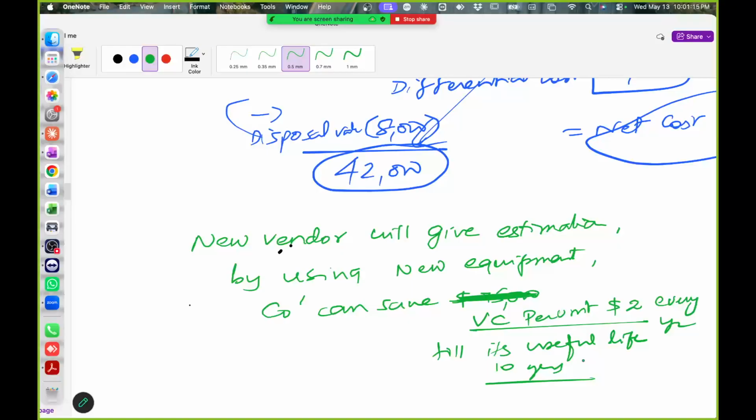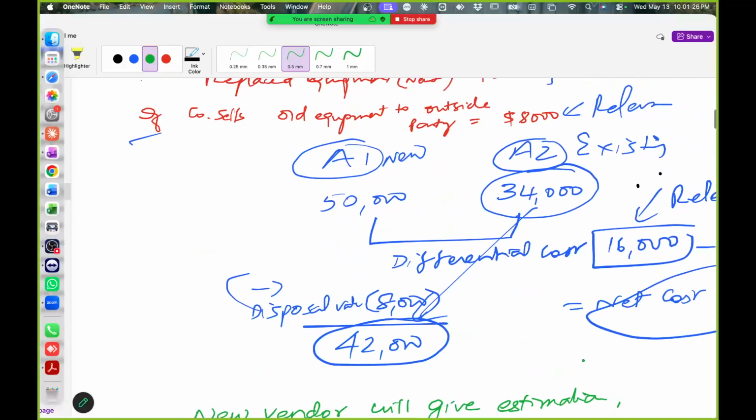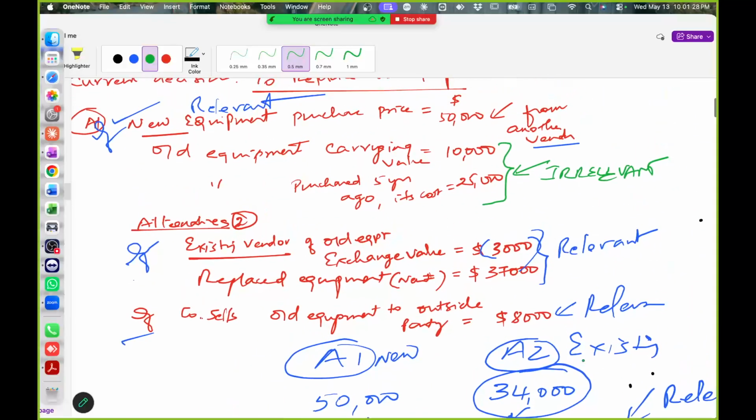Now, what is irrelevant? Irrelevant is past incurred cost, and it is also called sunk cost. Now, in this green, I said irrelevant. These two are irrelevant. Yes, that 25,000 is called sunk cost.